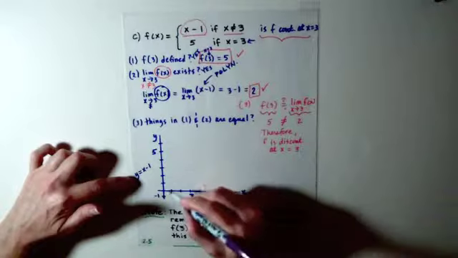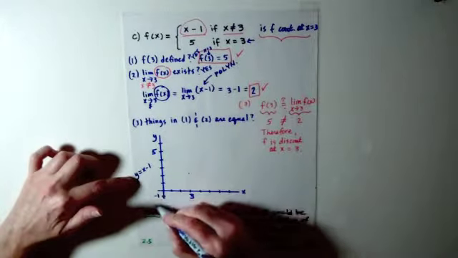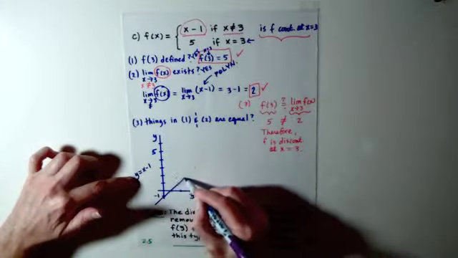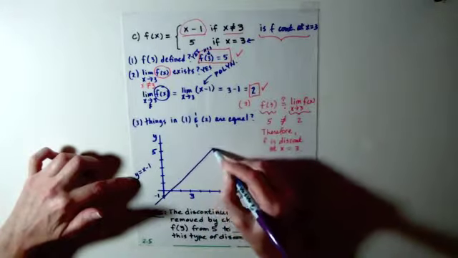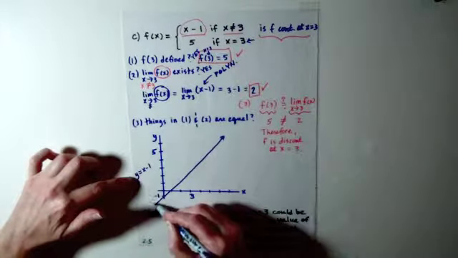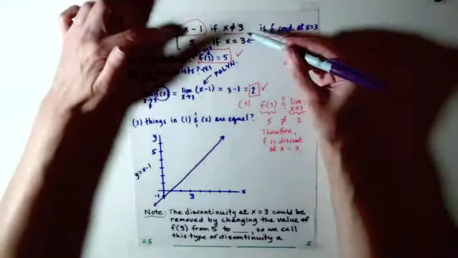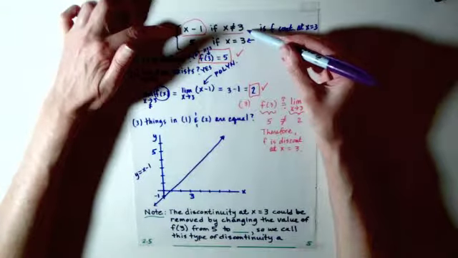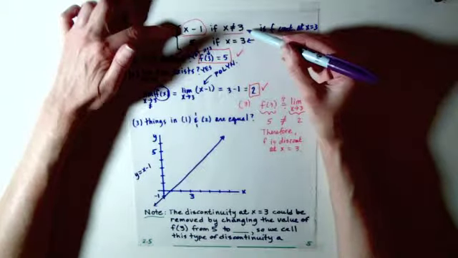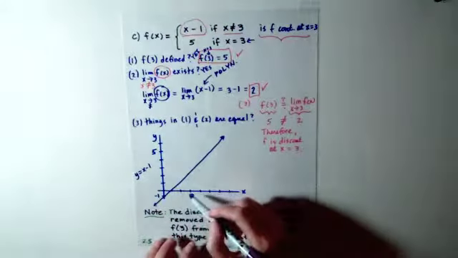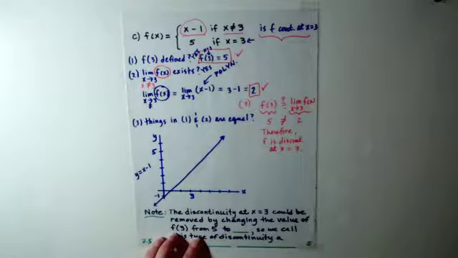And so it would look something like this. If I didn't have any restriction on my domain, but it only looks like this line when x is not equal to 3. So actually I should put a little hole in the graph here at x equals 3.